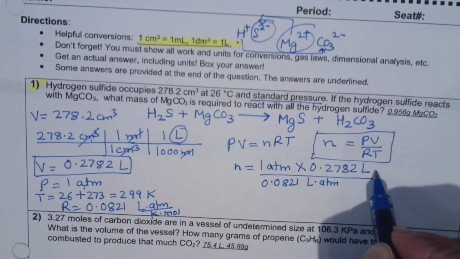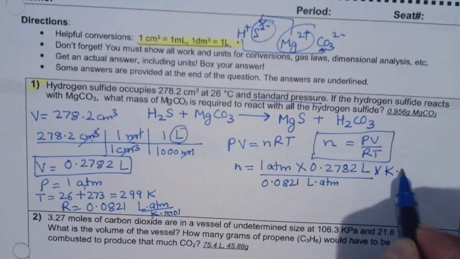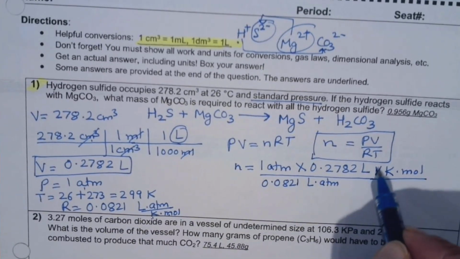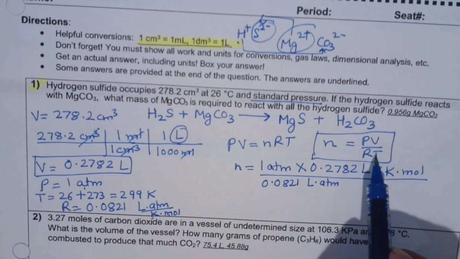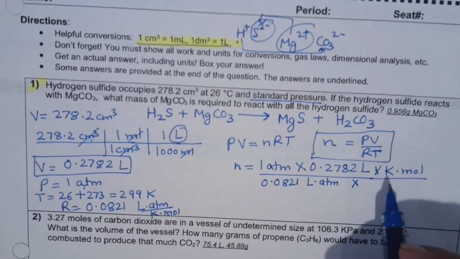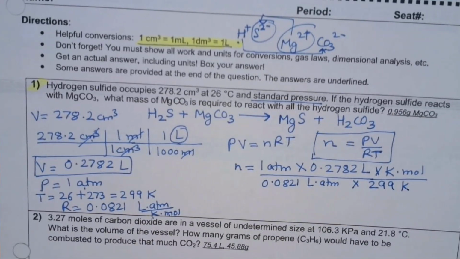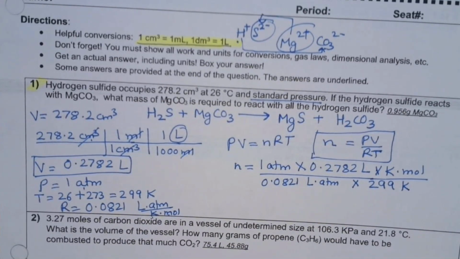So I'm going to just write times kelvin times mole. This part comes from the R units. And then what do we have next? We have temperature, so times temperature is 299 kelvins. Now you can see all the units cancel out.